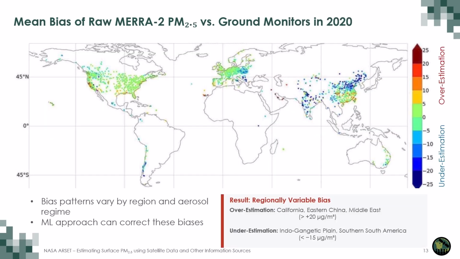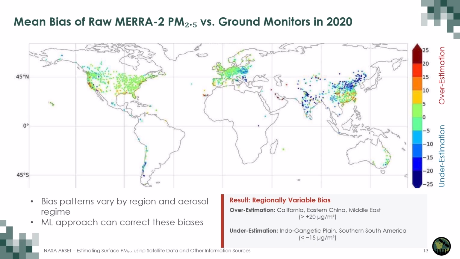Here is the map showing its global performance against ground monitors in year 2020. What we see is that bias pattern varies significantly by region and by aerosol types. In places like California, Eastern China, and parts of the Middle East, MERRA-2 tends to overestimate PM2.5.